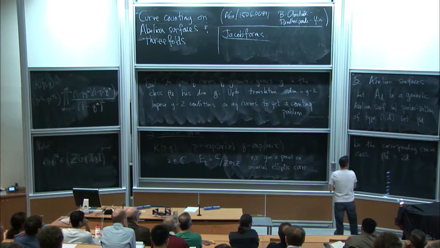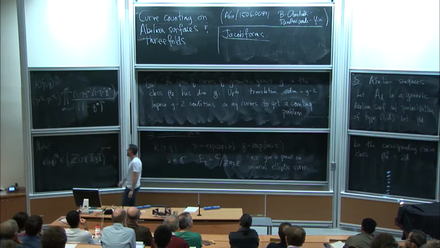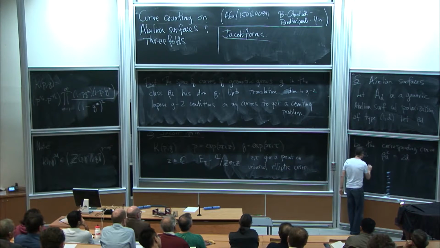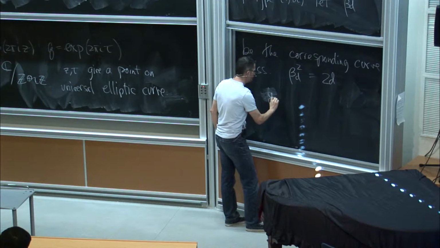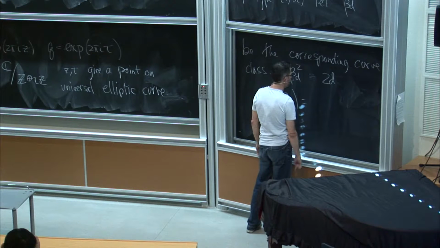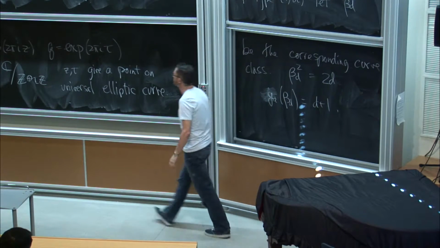Yes, you will. The fact that we're going to get polynomials as our coefficients, you'll see this. That's right. So the arithmetic genus of beta D is probably D plus 1.